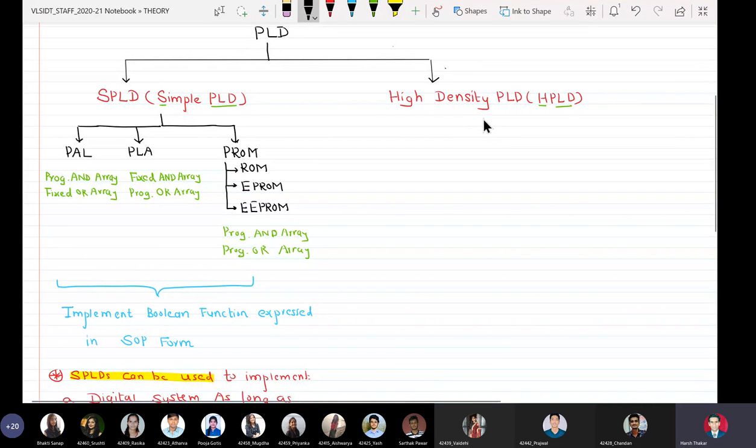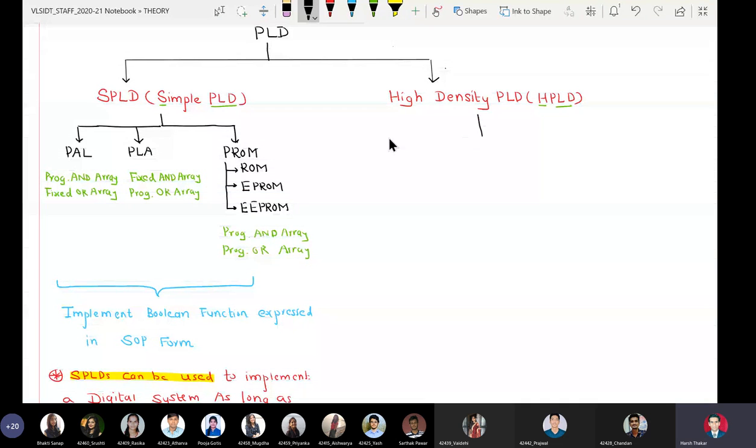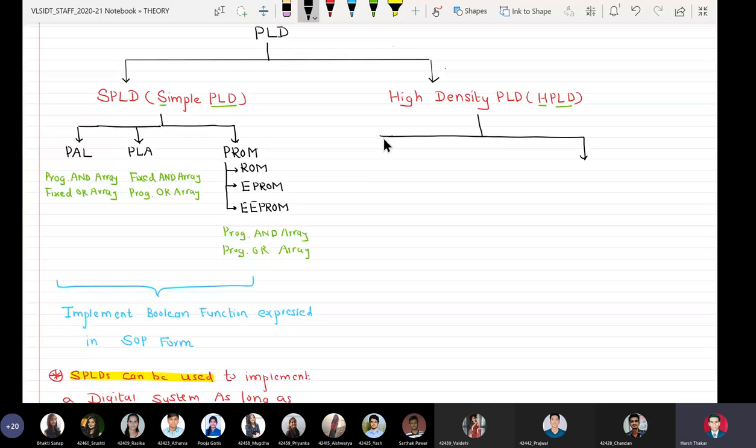So there are two broad categories. One is called CPLD, that is complex PLD, and second is FPGA.